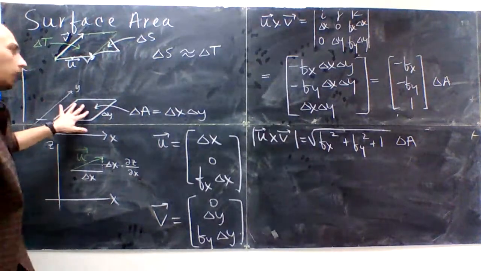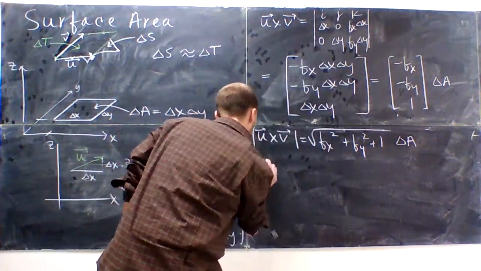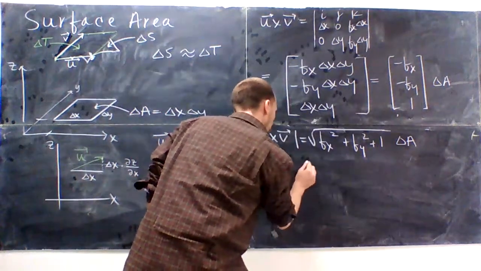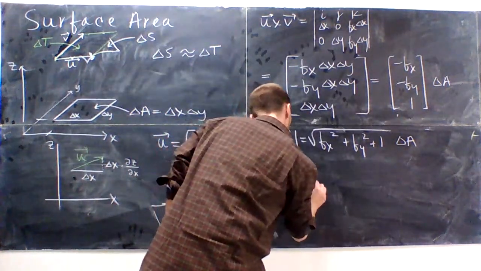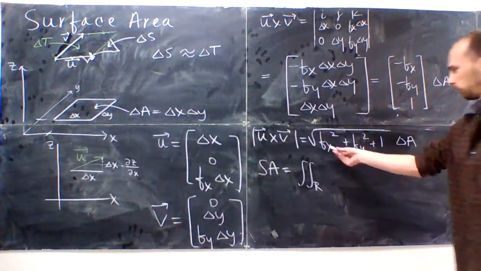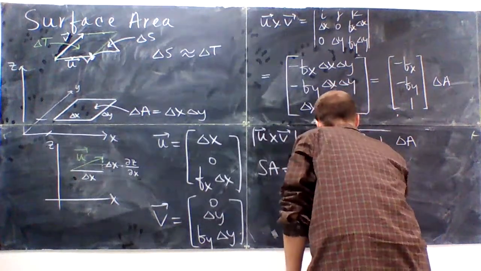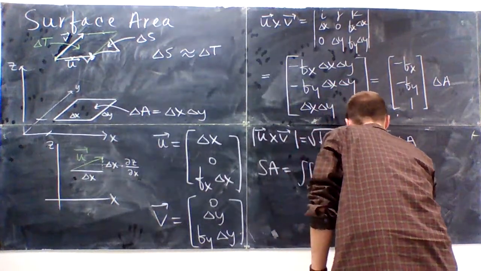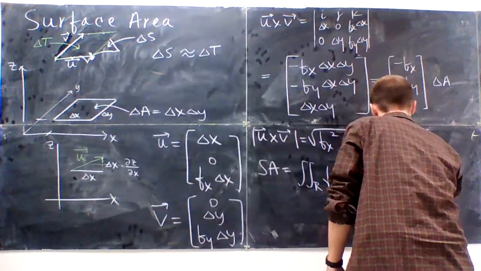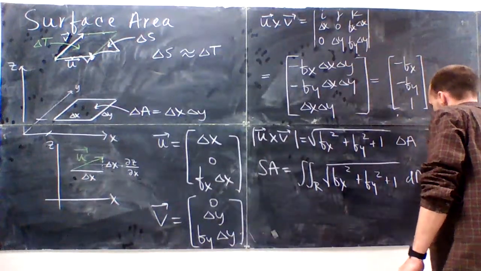And as delta area goes towards 0, we're going towards surface area equals the double integral over some region of the square root of fx squared plus fy squared plus 1 dA.